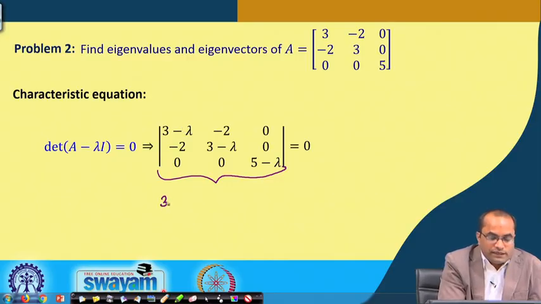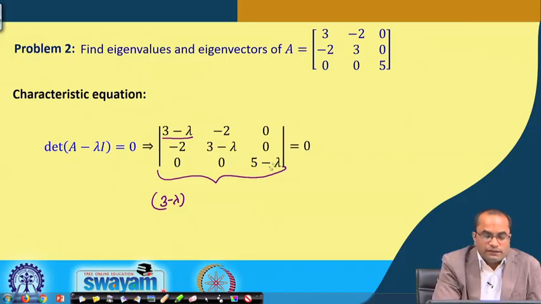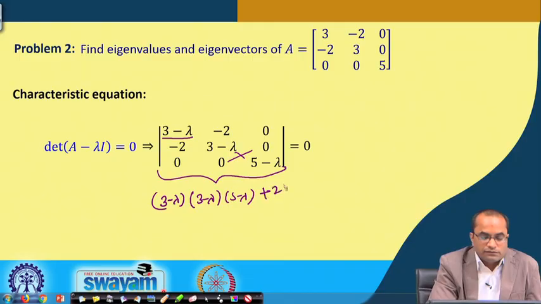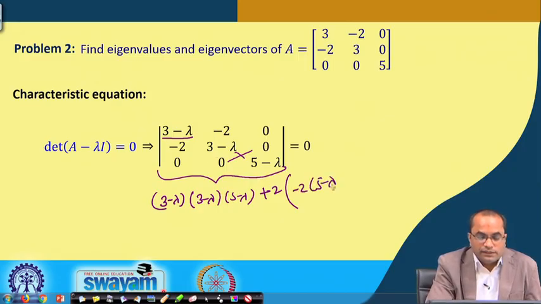Then we have to evaluate this determinant, which is not so difficult. We have this 3 minus lambda here, and that will be multiplied with 3 minus lambda into 5 minus lambda, minus 0. So, this is done, and then we have minus minus plus 2 here. So, this will be minus 2 times 5 minus lambda, and then the rest will be 0.